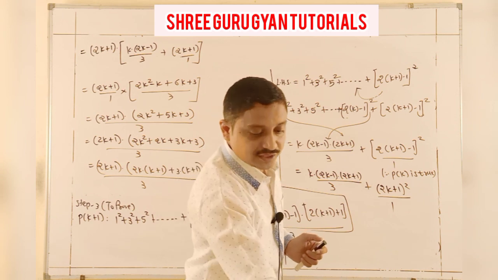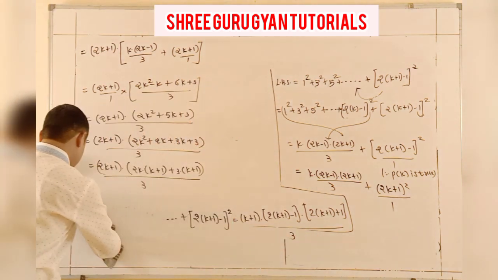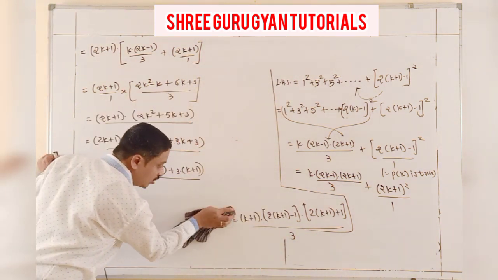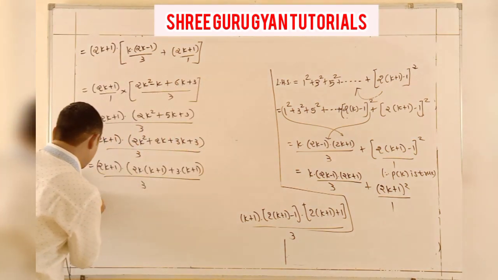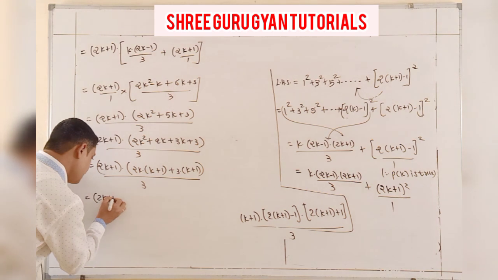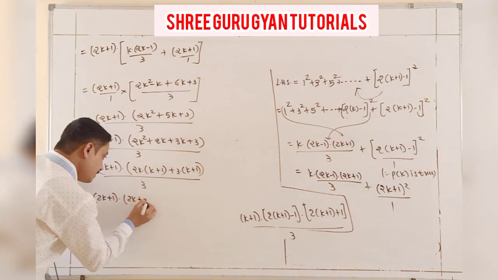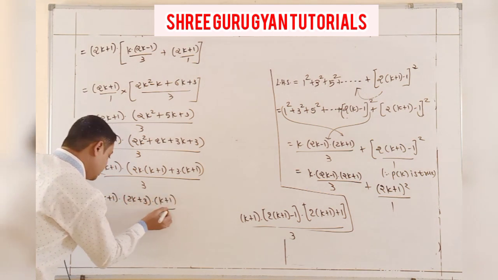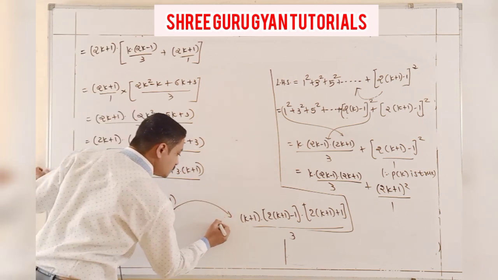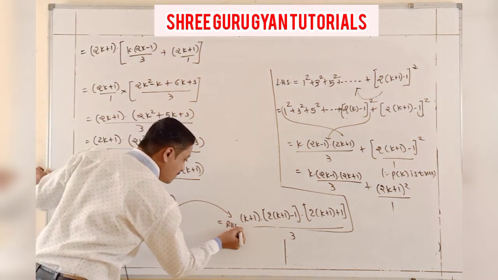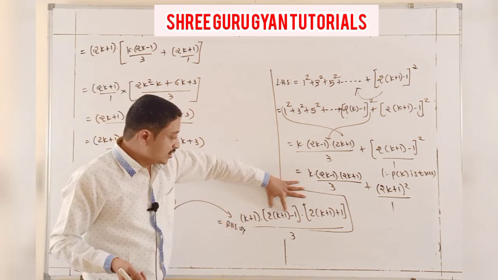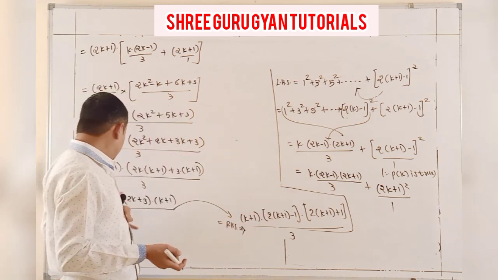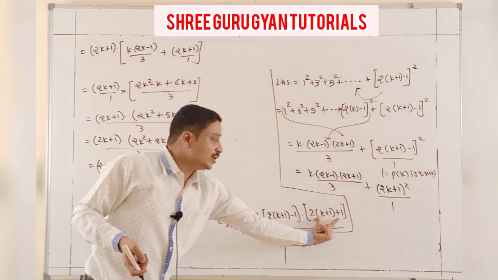Now students, I just simplified it to the length of the sum. These are the last stage. So (2k plus 1), (2k plus 3), (k plus 1) by 3. Check, that's your RHS. Yes, check about 2k plus 1: this is how much? 2k plus 2 minus 1, this is 2k plus 1. And this how much? 2k plus 3.